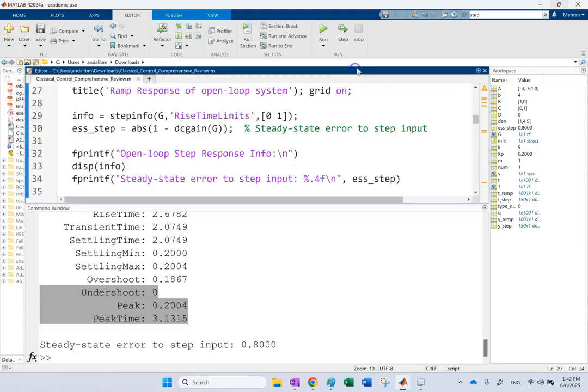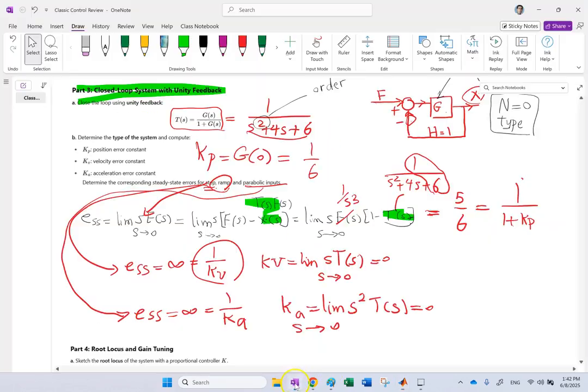And one other thing I wanted to show you, remember I said Kp is G at s of 0. There is a name to this value. This one here is also called the DC gain of the system.